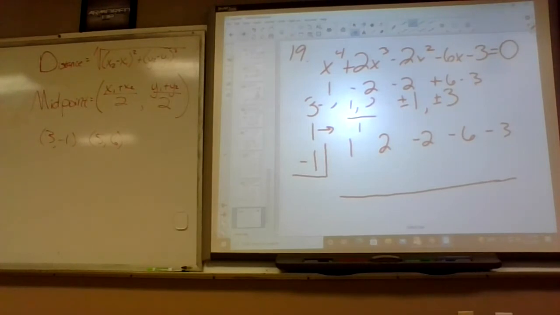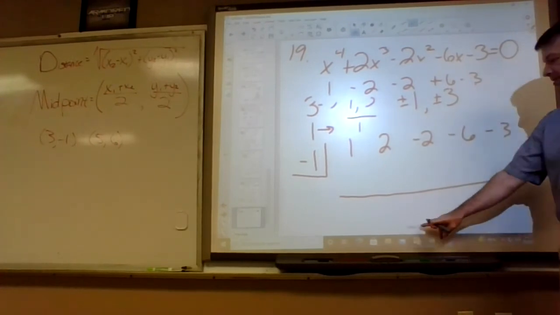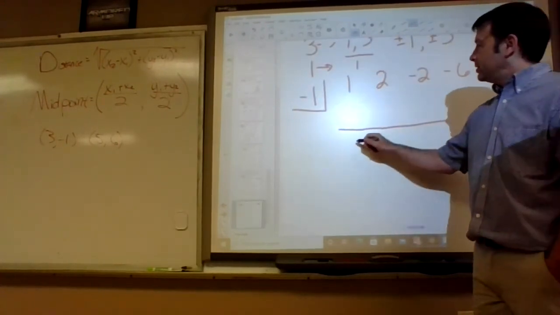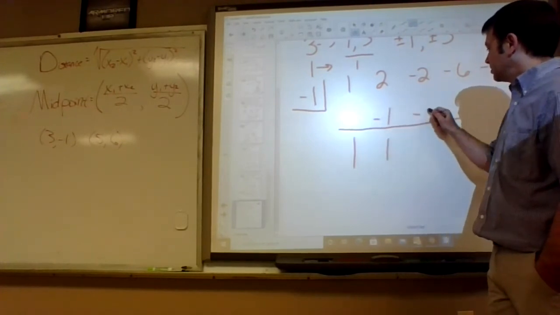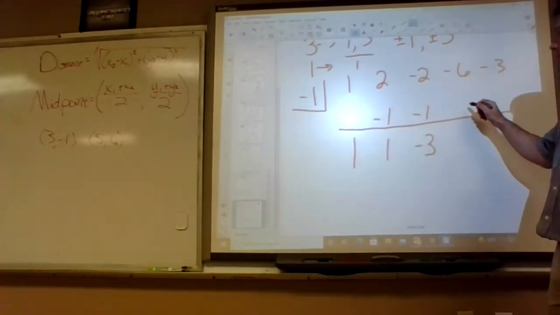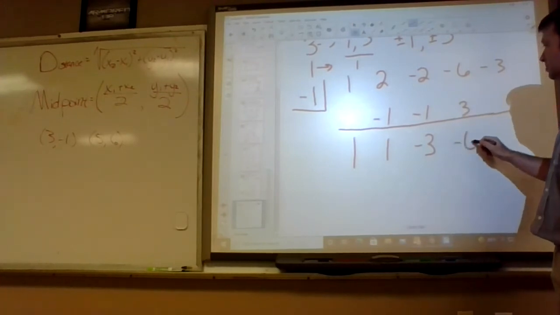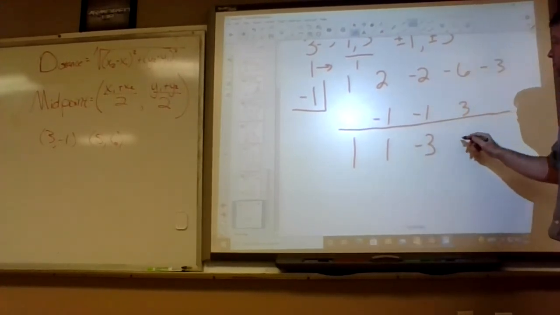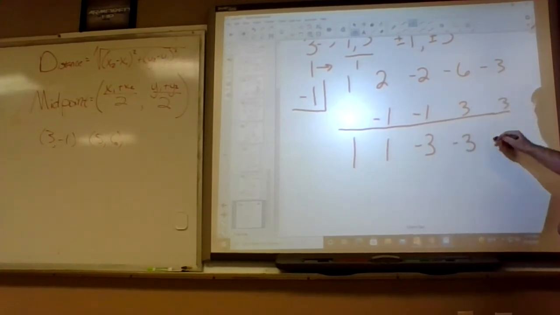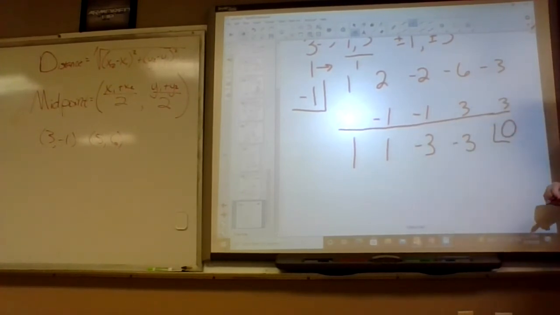Only 20 doesn't have a 1 or negative 1. They're pretty nice to you. All right, for the first time ever. We're doing down, multiply up.